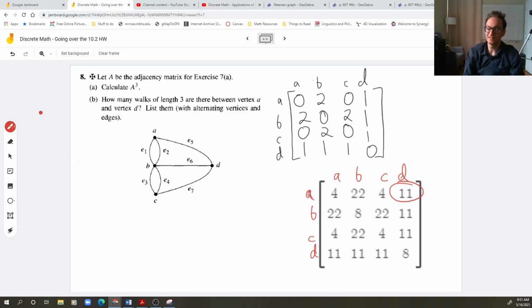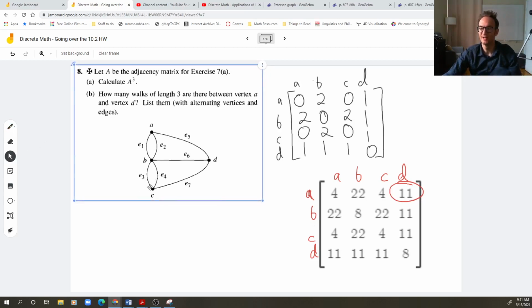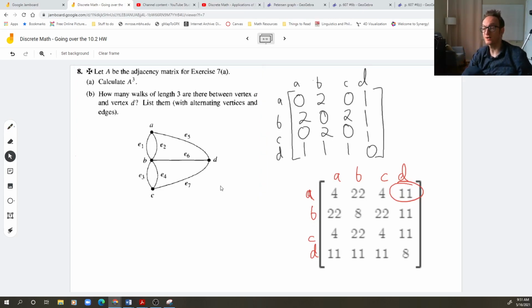Oh man. All right, so without further ado, I shall now list, and then this video will be over, the 11 walks of length 3 from A to D. All right, let's go. I can go from A. Let's just do it with edges only. That'll be fast. So starting at A, I can do E5, E5, E5.